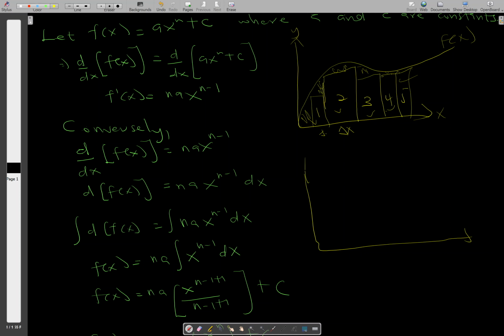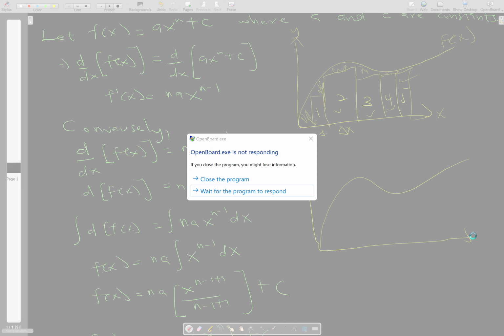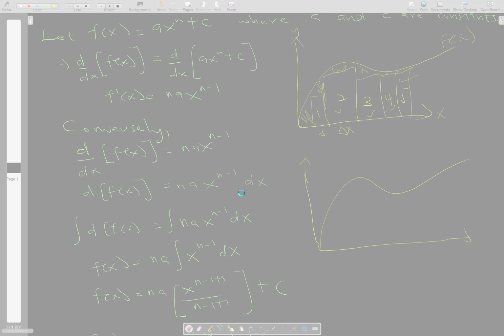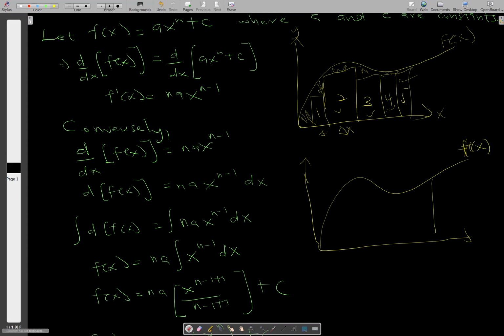So we have our function f of x, and we divide the area into slices again, but this time we are going to minimize the width.